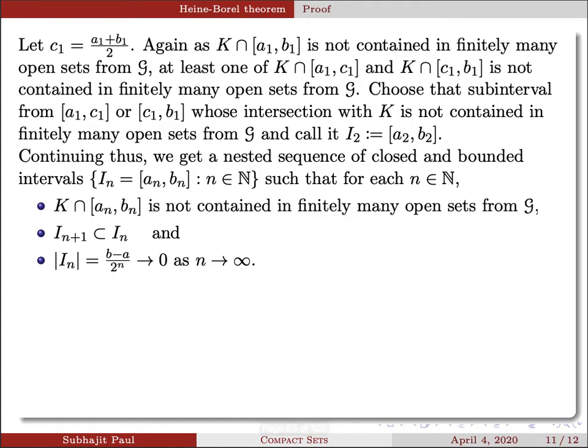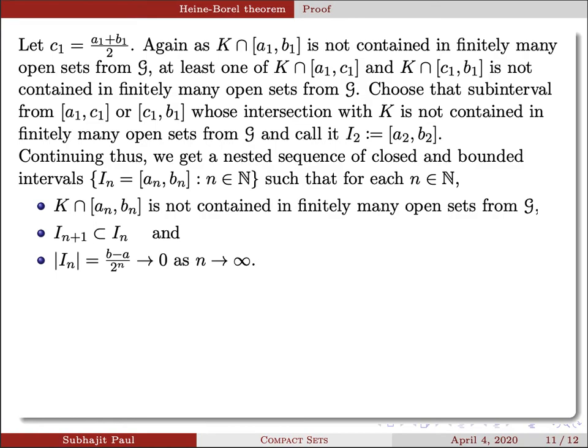And the length of In is (b minus a) by 2 to the power n. See, for I1, the length was half of AB, that is (b minus a) by 2. For I2, that is half of A1 B1, that is (b minus a) by 2 by 2, that is (b minus a) by 2 squared. So for the nth subinterval, the length will be (b minus a) by 2 to the power n. And obviously this quantity goes to 0 as n tends to infinity.